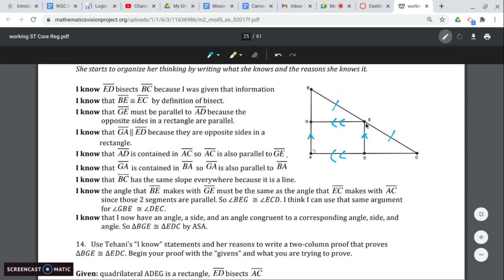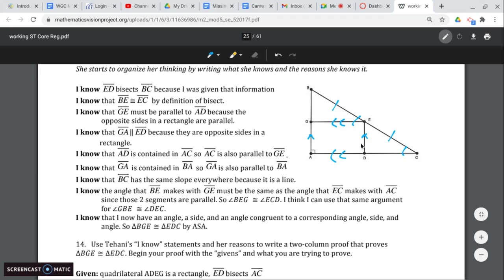Angle BEG, so this angle right here, is going to be congruent to angle ECD. Now, how do we know that? This is a transversal being cut by two parallel lines.